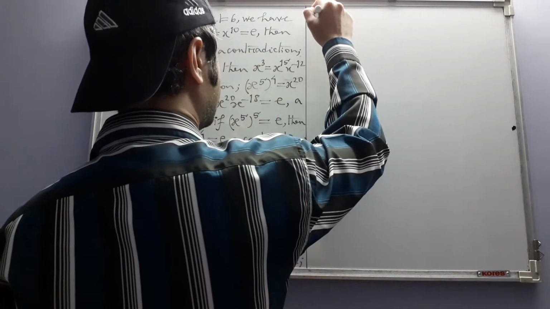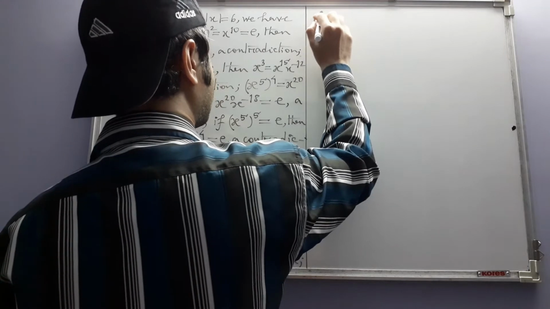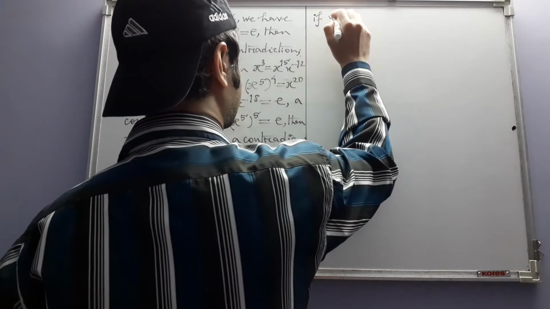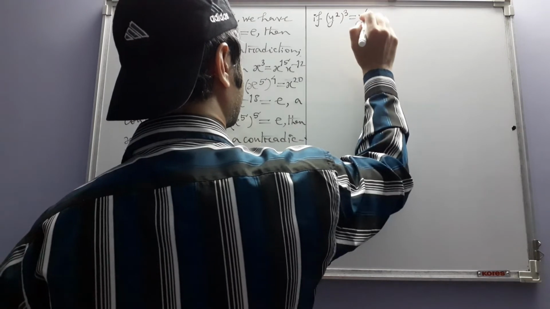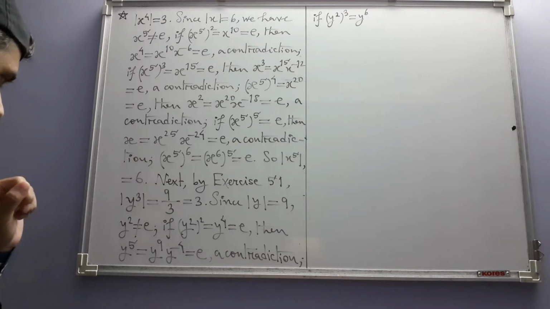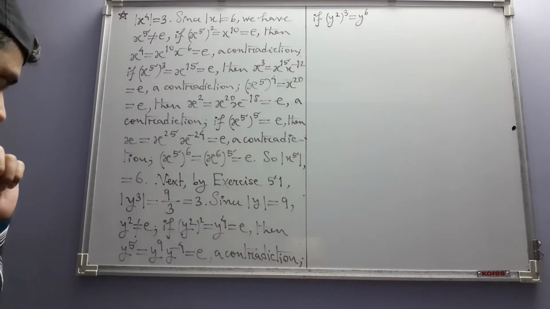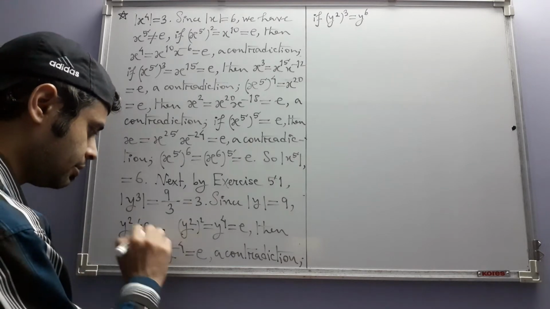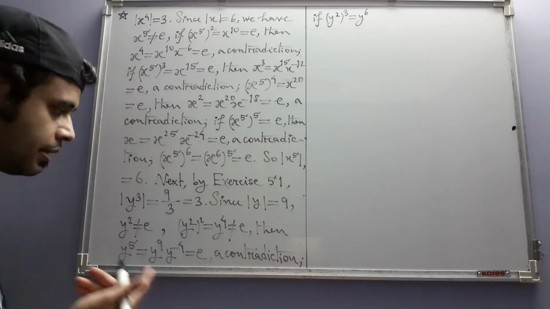Okay, then if this is the second power, then what about the third power? Hold on. This is already not equal to the identity. So we can write like this: y squared is not identity, its square is also not identity because 4 is less than 9.